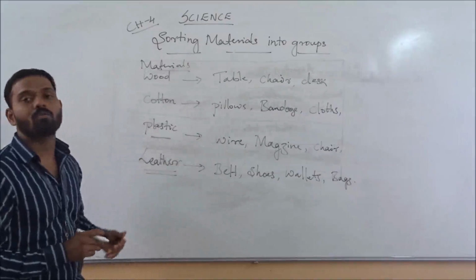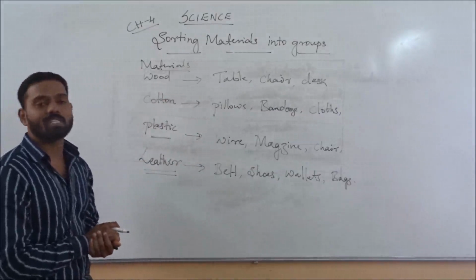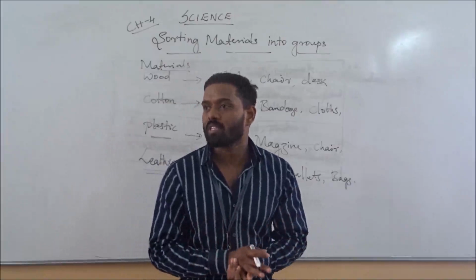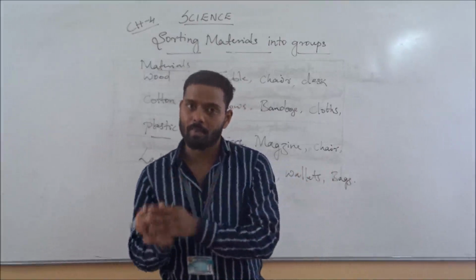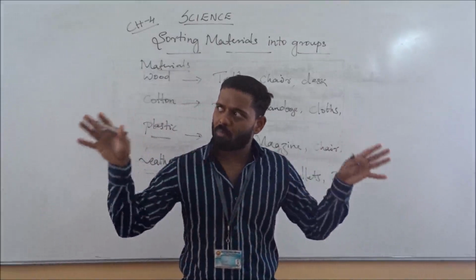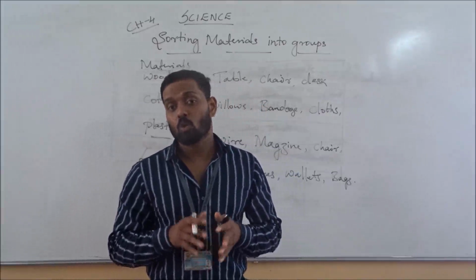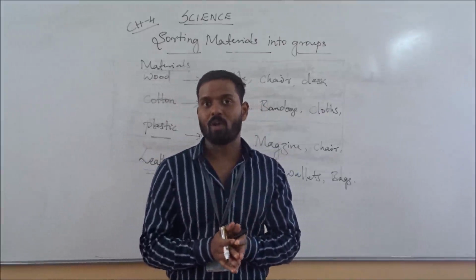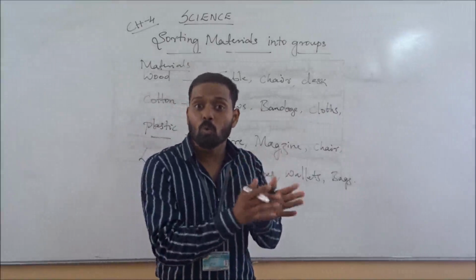Next we are going to study the classification of objects and materials, because in our surroundings most of the non-living things are considered either an object or a material. So a huge number of objects and materials are present in our surroundings, and we are going to classify them. Okay, what do you mean by classification? Classification means we are making groups.